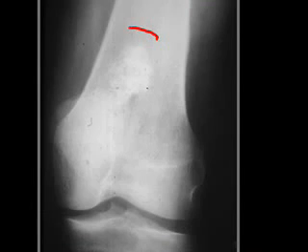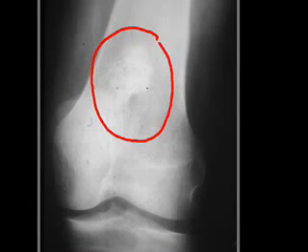Here's another example using bone. So this is a frontal view of the femur, and we can see that there is a dense calcification that is superimposed on the distal femur. This calcification could be cortical, it could be intramedullary, or conceivably it could project outside of the femur.